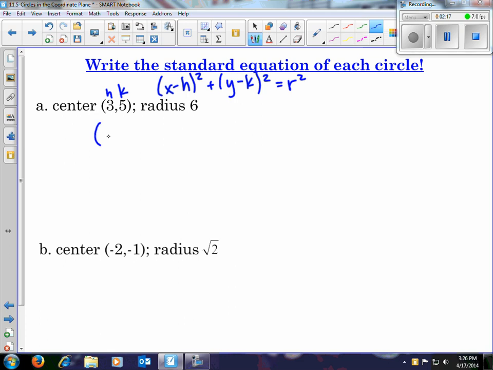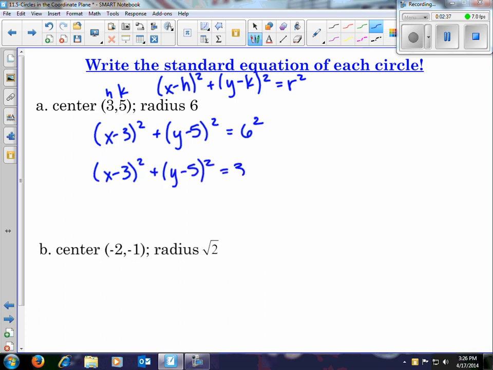So I'm going to have x minus 3 squared plus y minus 5 squared equals 6 squared. So then I'm going to rewrite this as x minus 3 squared plus y minus 5 squared equals 36. And this is my answer.